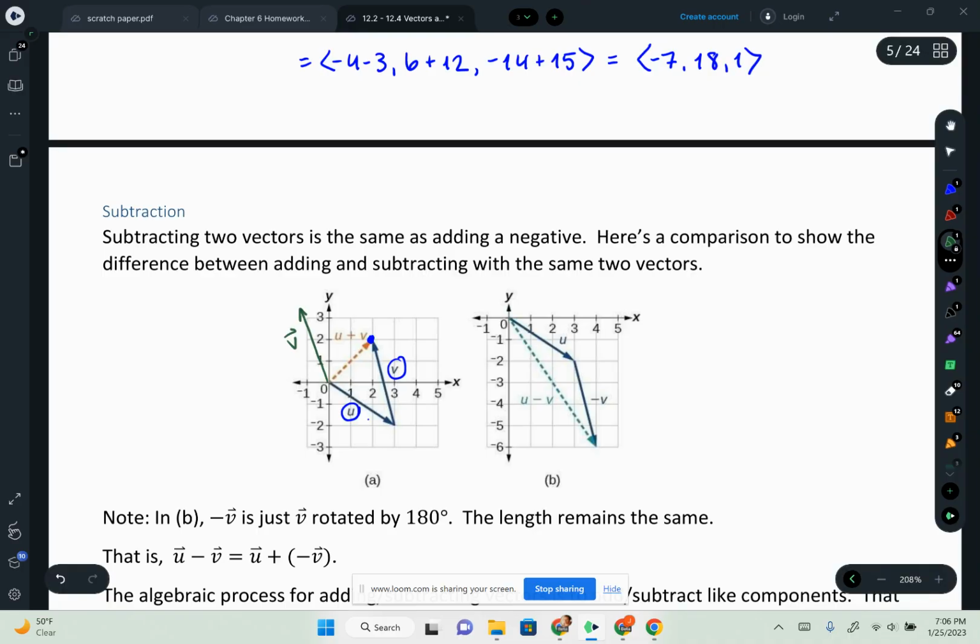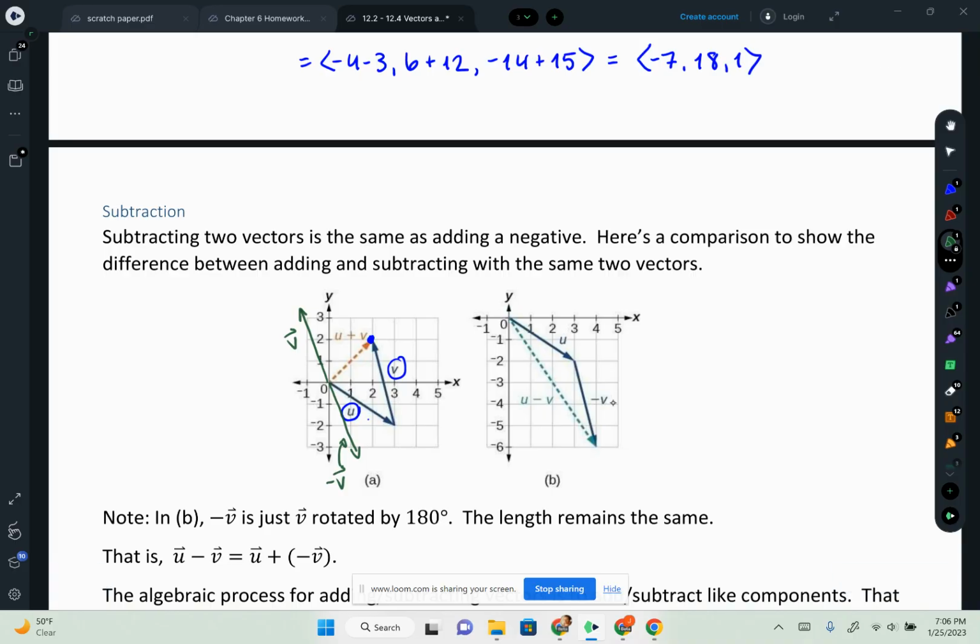Okay, that's v in the position vector form. So we just had to move it over because we were adding. But what if we were subtracting? Well, for subtraction, what I would do for geometry's sake is I would first multiply it by a -1. And that would then put it down here. So this is -v.